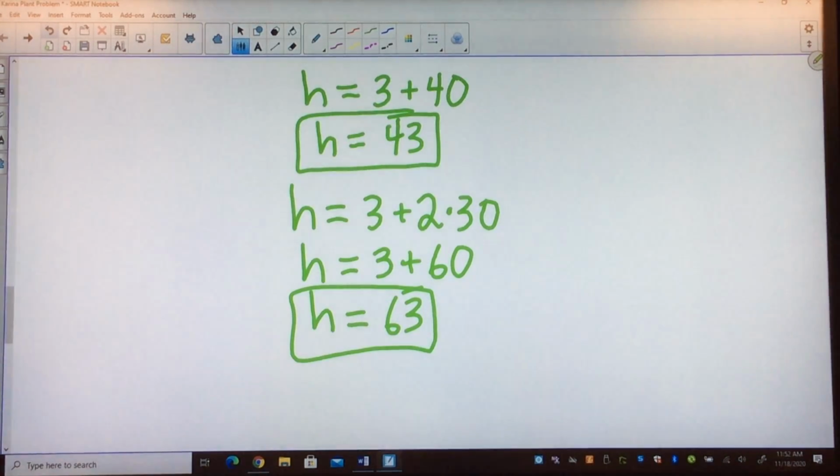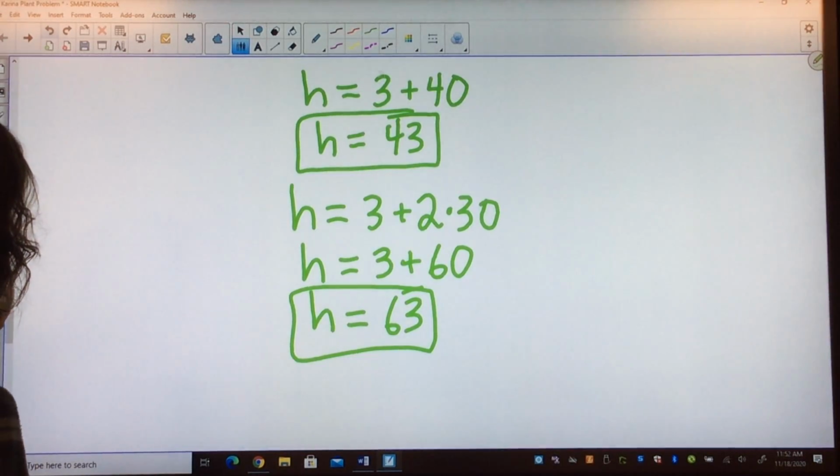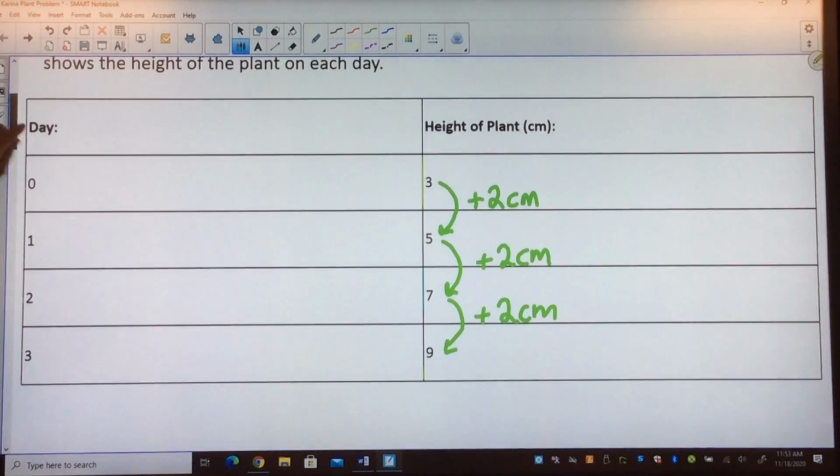Okay, so let's recap and look at what we've done so far. Let's go back up to the top. We started with a real life scenario. From that scenario, Karina made a table of data of how the height of the plant changed through the days.